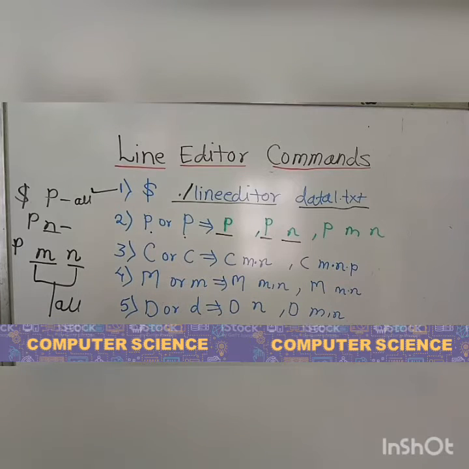Next one is the C. As its initial indicates, it is the copy command.